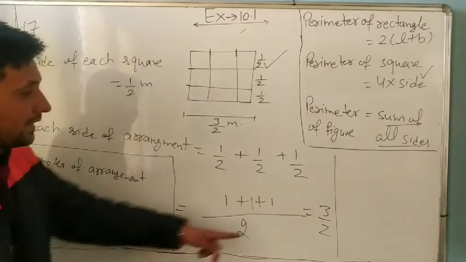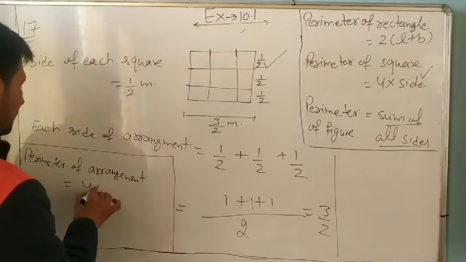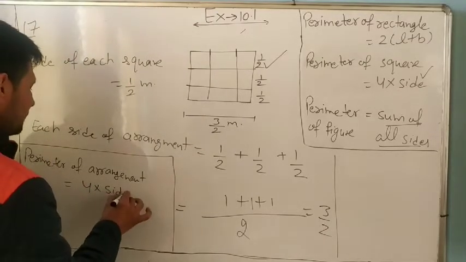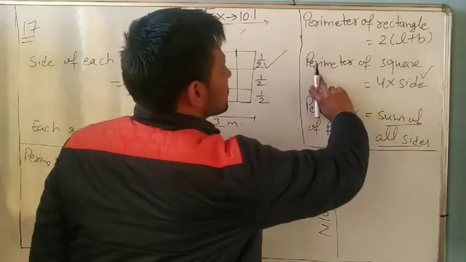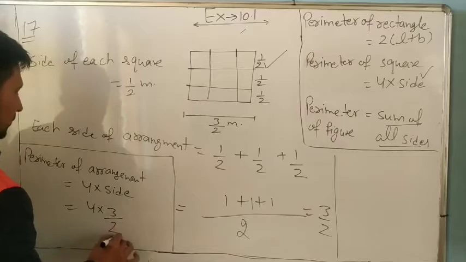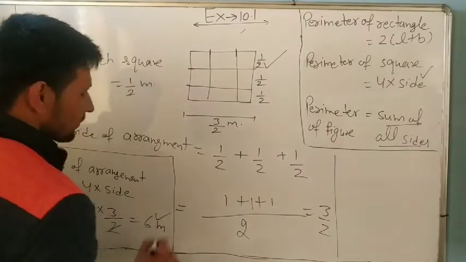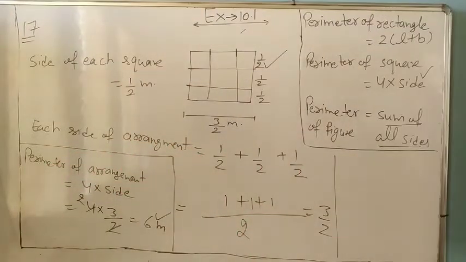Each side is 3 by 2, which means it is a square. So write 4 into side. The perimeter of a square is 4 into side. So 4 multiplied by 3 upon 2. So 2 cancels 2. So what is it? It is 6 meter. Understand it?